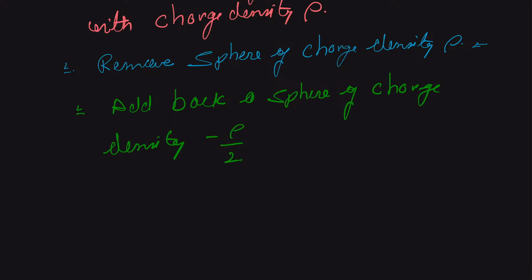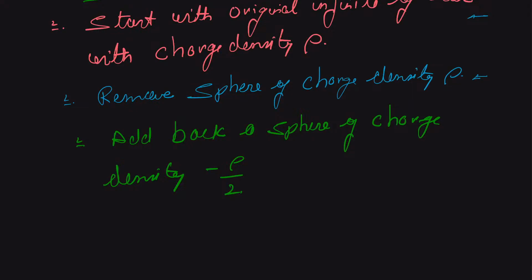Whenever we remove a charge density of rho, we assume that in that place there is a charge density of minus rho. That is our usual standard step.